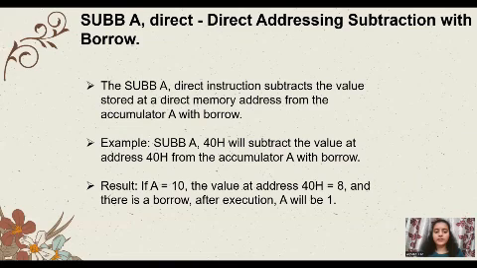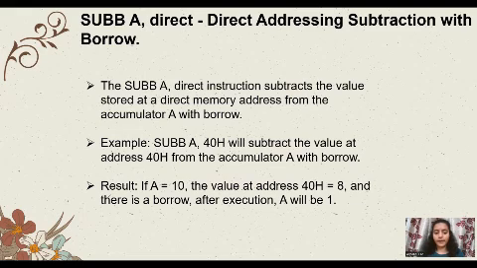SUBB A, direct, which is direct addressing subtraction with the borrow. Here it subtracts the value stored at a direct memory address from the accumulator A with the borrow. For example, SUBB A, 40H. 40H is the address, and whatever value is there will be subtracted from the accumulator A along with the borrow, because we are considering subtraction with the borrow.